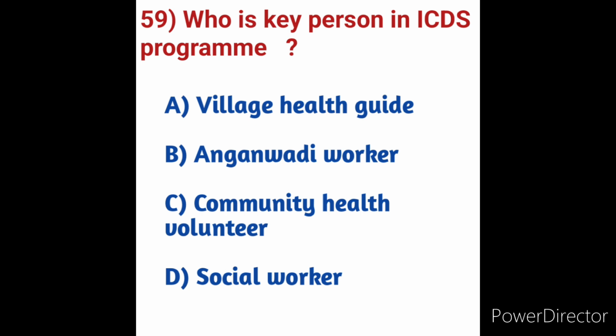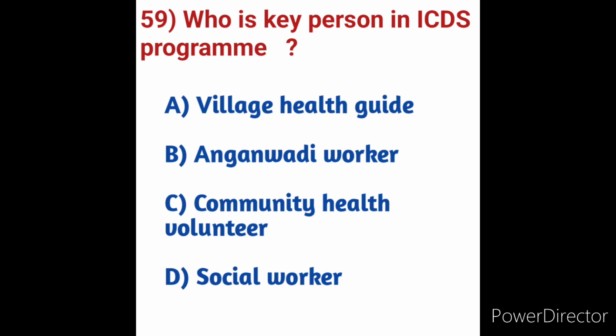The Integrated Child Development Scheme, ICDS, providing supplementary nutrition, immunization and preschool education to children, is a popular flagship program of the government. The principal worker in the ICDS project is the Anganwadi worker. The ICDS program mainly works at the preschool children level, hence Anganwadi workers are the principal workers. Functions of Anganwadi workers: supplementary nutrition for children under 5 years, pregnant women and nursing mothers.